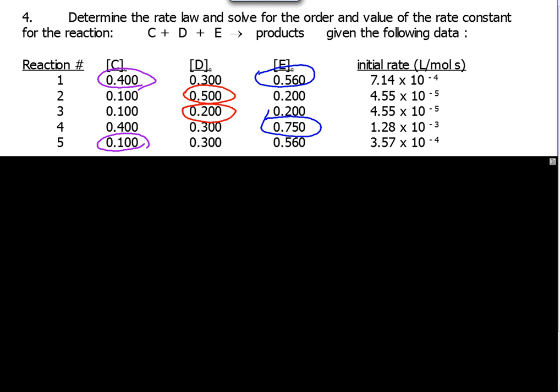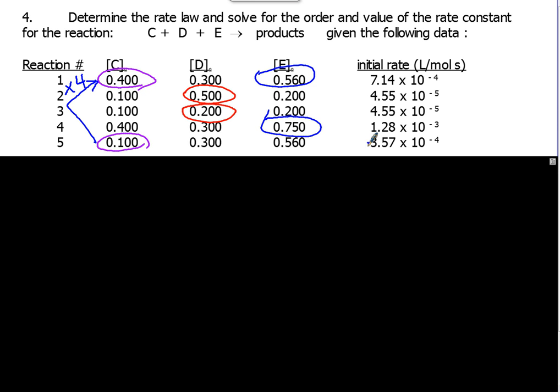So with C, we have 4 times. This concentration's been 4 times. And I want to make sure we understand. Reaction 1 has 4 times what reaction 5 has. Right? So I'm actually going to maybe even make an arrow. So this is 4 times greater.